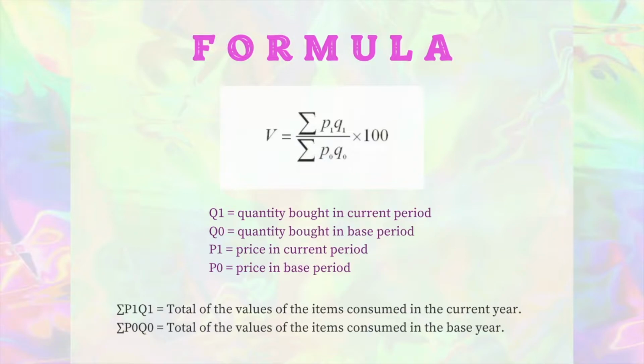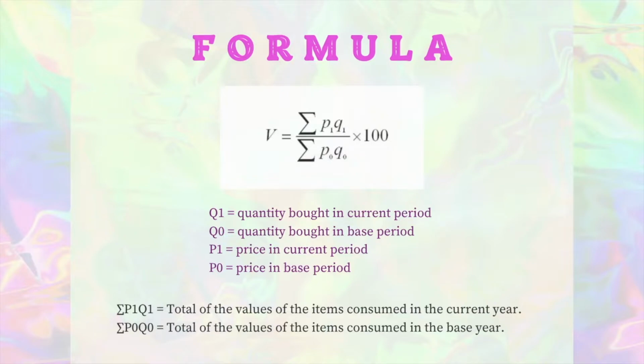Here, as you can see, the value index equals the total value in the current year divided by the total value in the base year and multiplied by 100. As you can see here in the video, the formula is sigma P1 Q1 divided by sigma P0 Q0 and multiplied by 100.